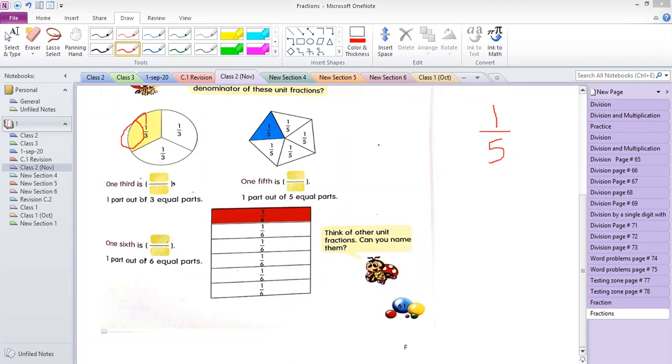So look at this shape and check how you will write its fraction. How many total equal parts are there?